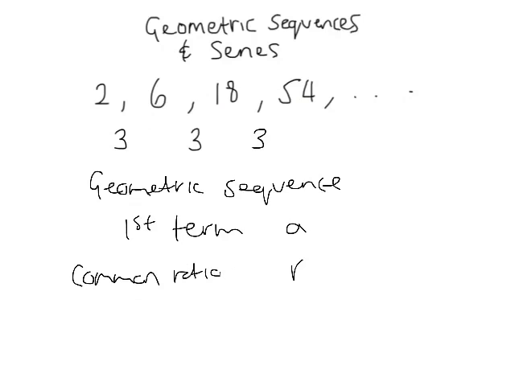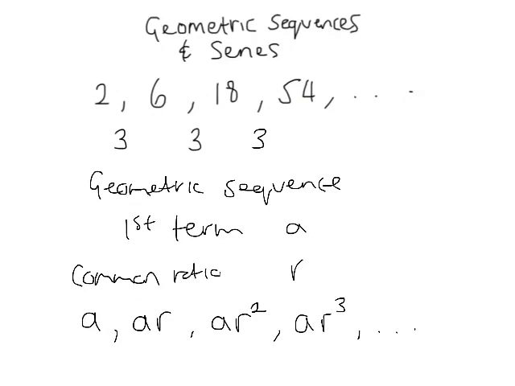Now, this means we can write out a general geometric sequence as our first term being A, our second term is A times the common ratio, R, our third term is the second term, AR, times the common ratio again, so we've got AR squared, and our fourth term is going to be AR cubed.